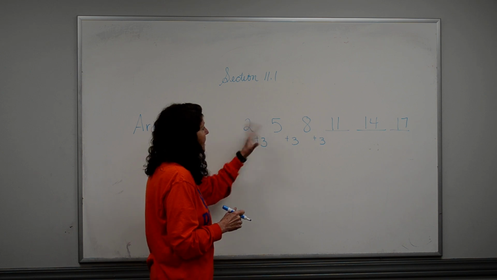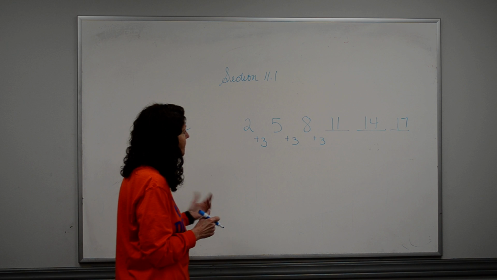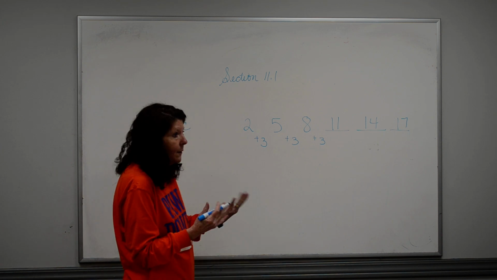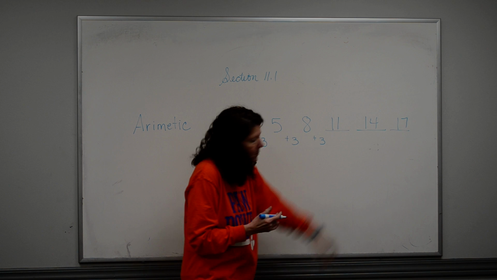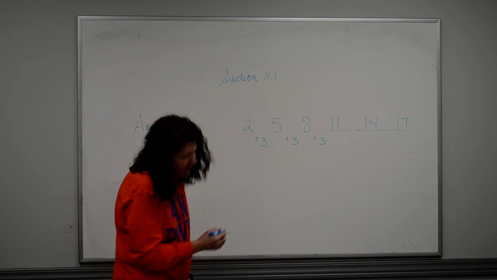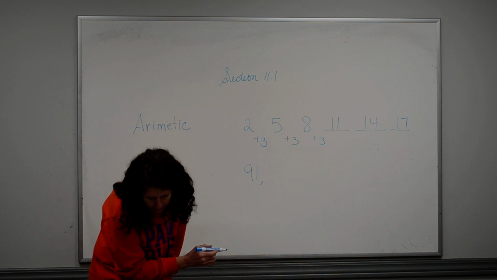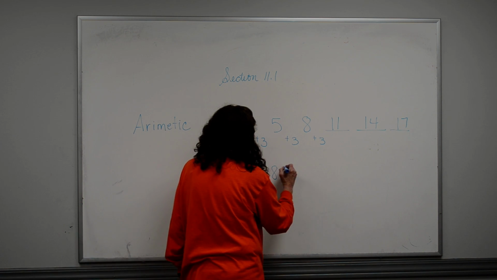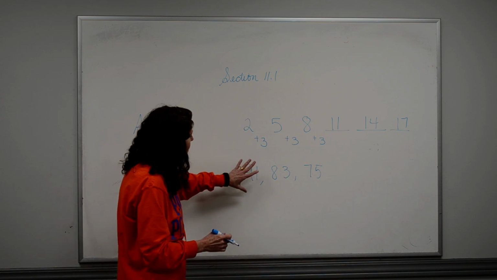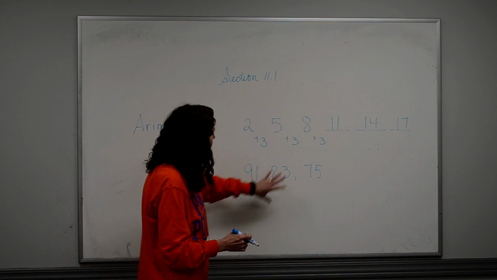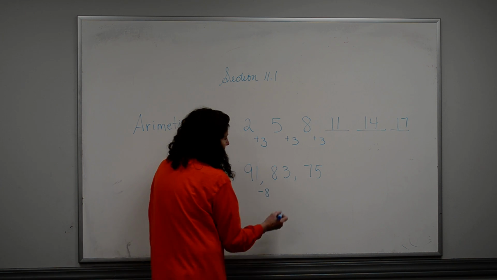They'll give you sequences that are fractions, sequences that are decimals. You should be able to work through and find the next however many terms they ask you. These individual numbers are called terms. So if I had a sequence like 91, 83, and 75, you would need to find out what you add to 91 to get 83, and you realize it's a -8.